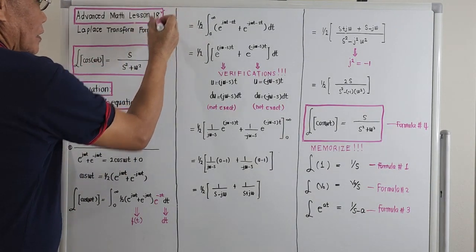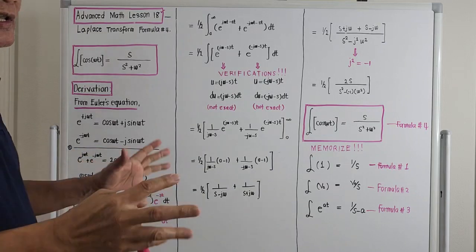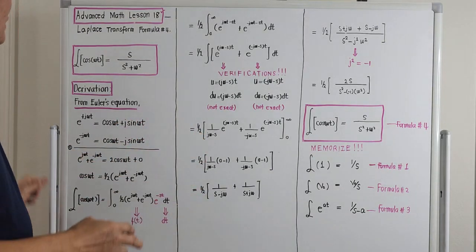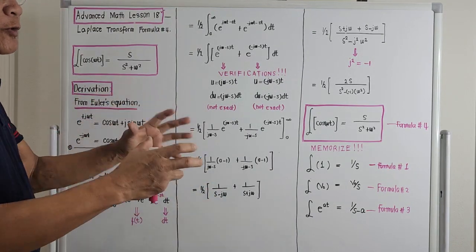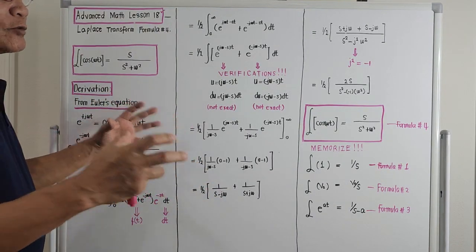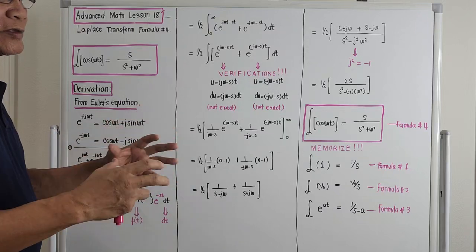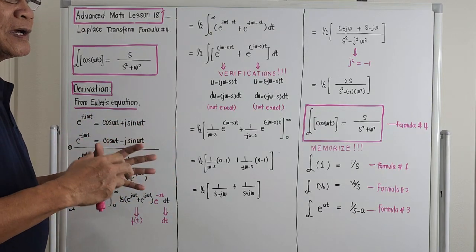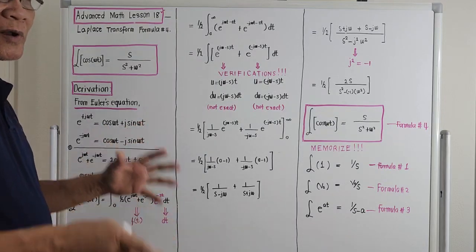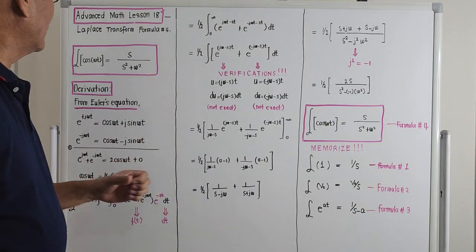And we are discussing Laplace transform. So for tonight, I will be bringing out formula number 4. Then I will try to derive it so we could retain more importantly in our mind when we will be algebraically manipulating a problem under Laplace transform.